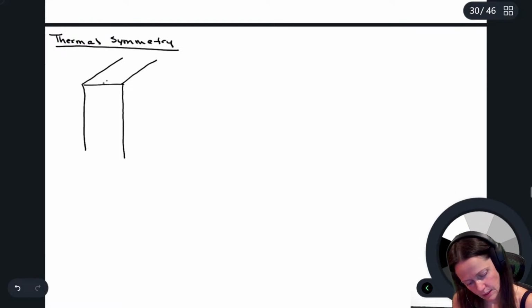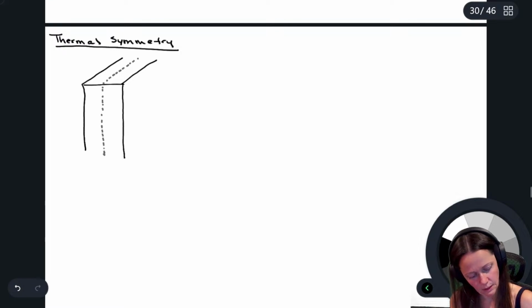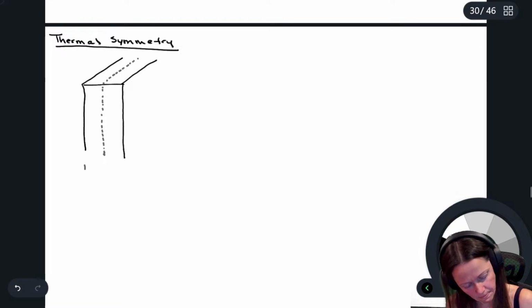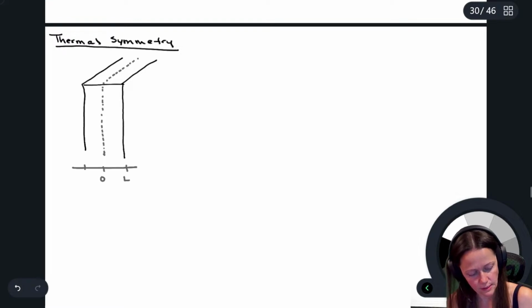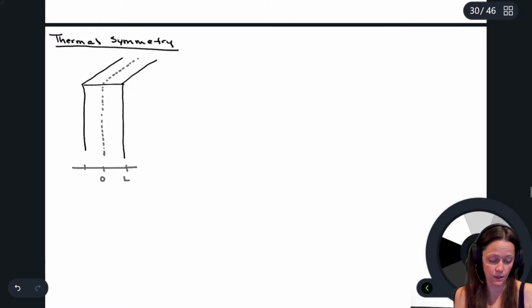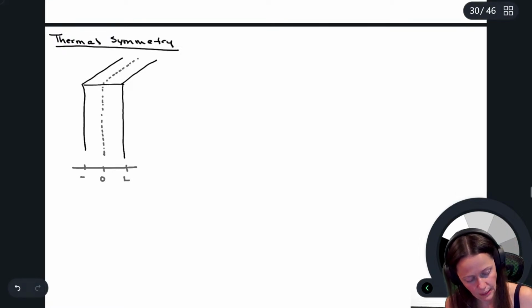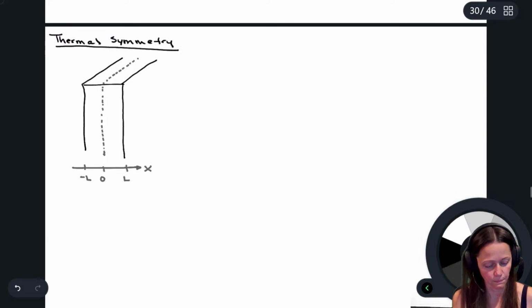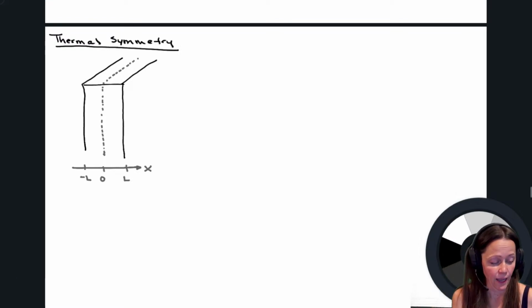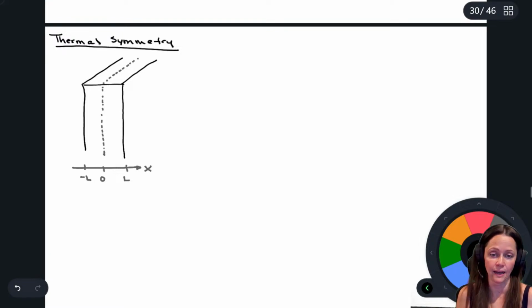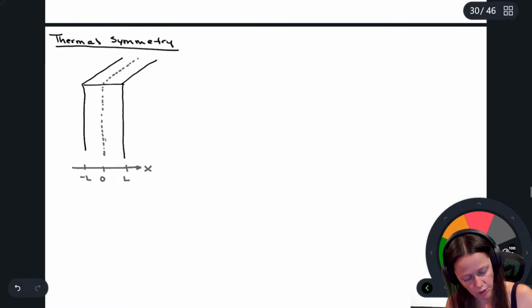So let me kind of, there's the midpoint. All right, so I'm going to say this is x equals 0, x equals L on the right, x equals negative L on the left. And let's say that we have some sort of heat generation going on.